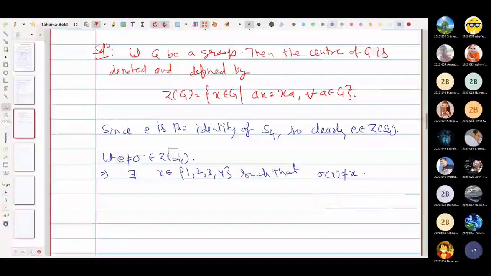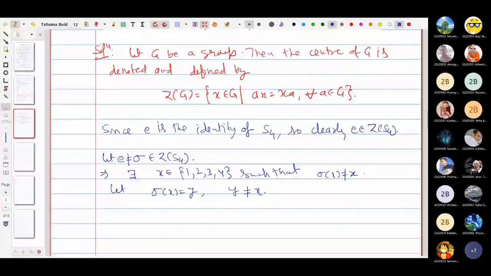Okay. So we have taken this sigma such that sigma of x is not equal to x. Now let sigma of x equal y, and of course because sigma of x is not equal to x, y cannot be equal to x.